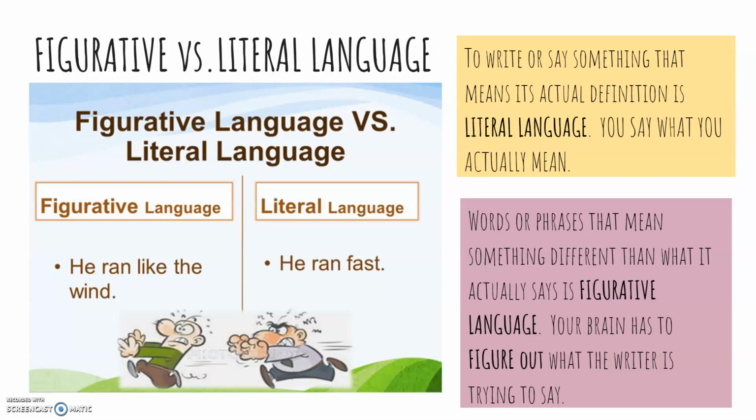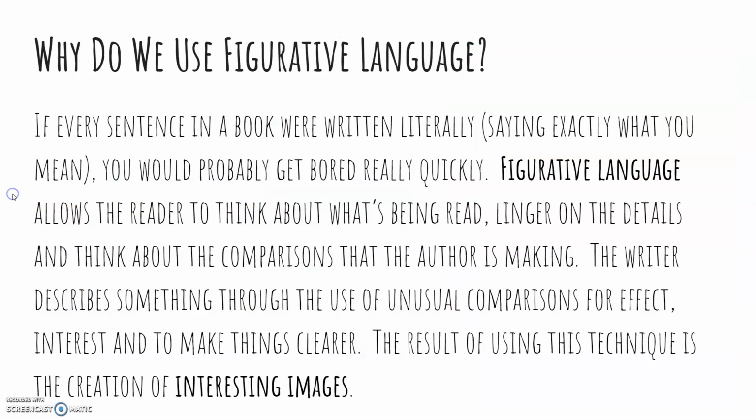But if you take a look at the picture on the left, figurative language says he ran like the wind. Now your brain figures out really quickly that wind can't run, but wind is pretty fast when it blows. So when people say he ran like the wind, that means he's running pretty fast. This uses an example of a simile, and we'll look at similes later.